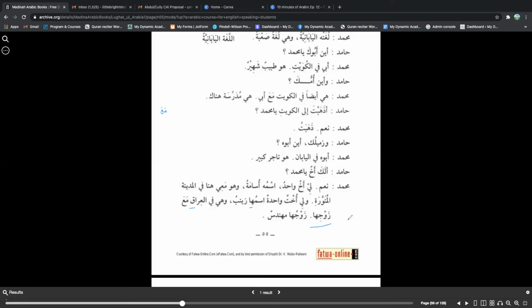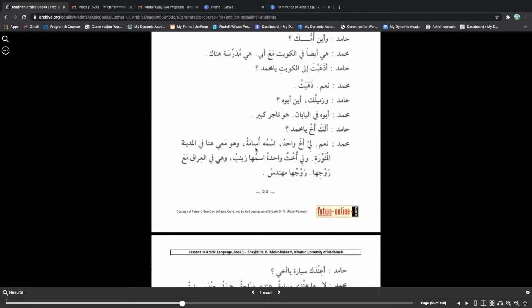So she's in Iraq with her husband. Zawjuha is possessive, so we can't have tanween, just one dhamma, and the elongated ha means her. Zawjuha, her husband, muhandisun. Her husband is an engineer. Okay, so clear it and move to the next one.